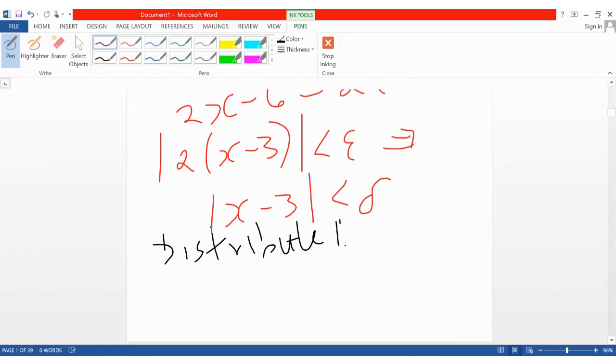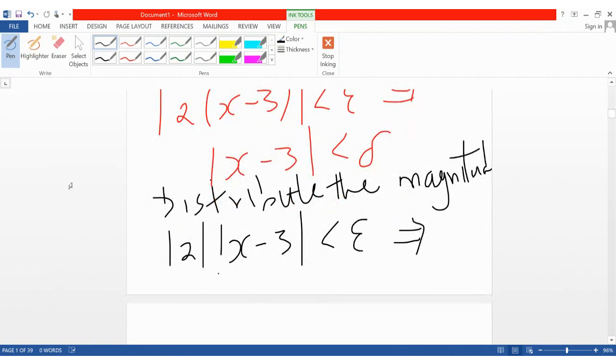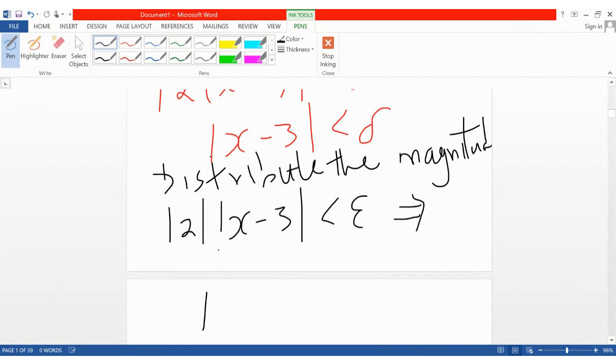When you distribute the magnitude, you get what? The 2 can go on its own. Then the magnitude of x minus 3 can go on its own, is less than epsilon whenever the magnitude of x minus 3 is less than what? Delta. Now, the magnitude of 2 means what?